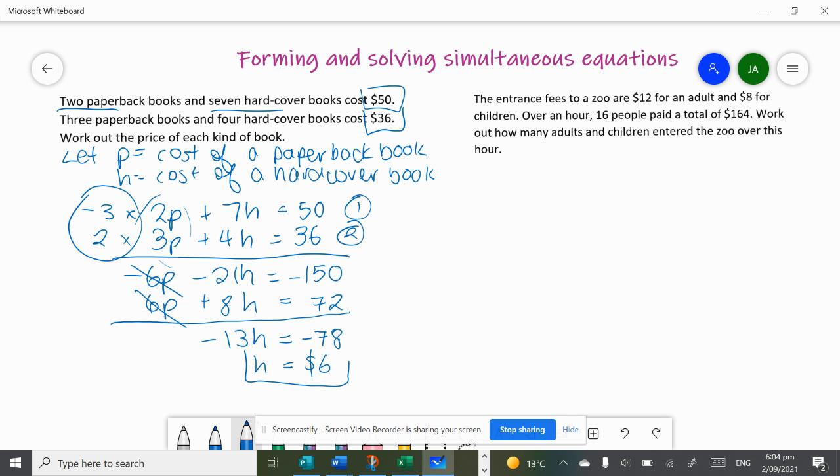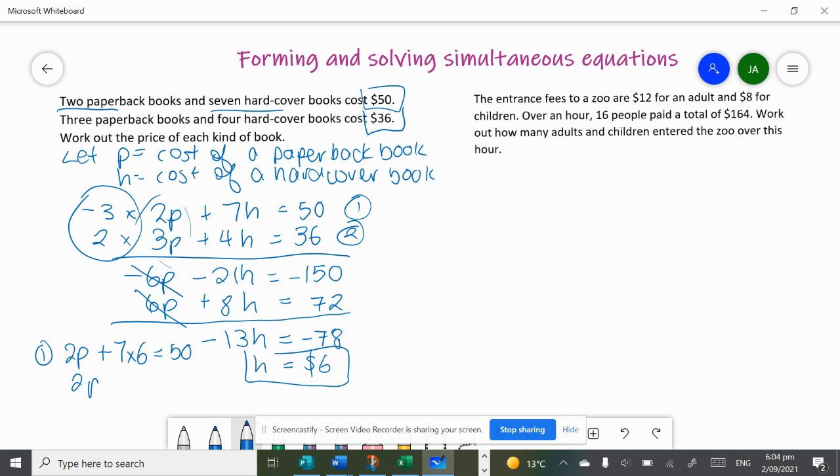So to find the cost of the paperback book, we'll just do the working to the side here. Choose one of the equations. It's easier to choose one of the original ones. Let's choose equation 1. So we've got 2p plus 7h, we now know h is 6, equals 50.